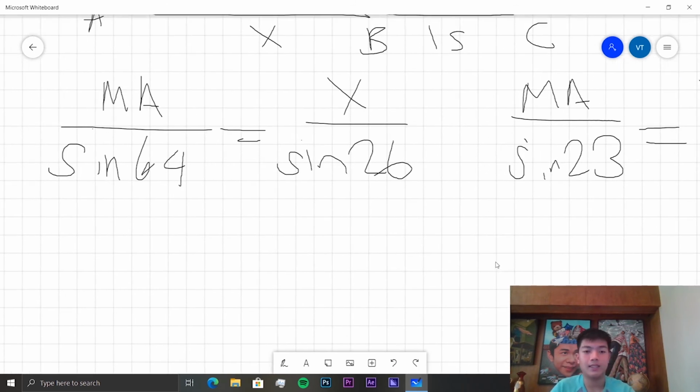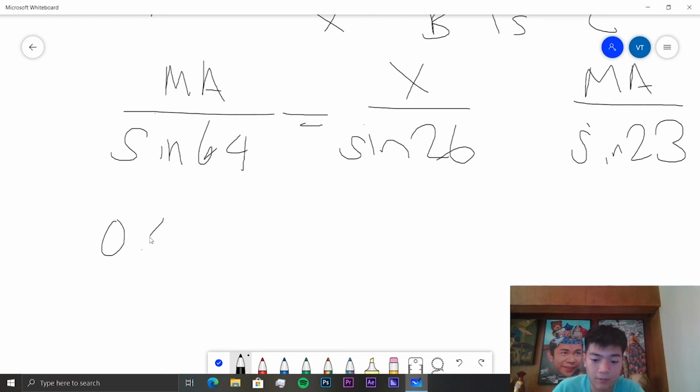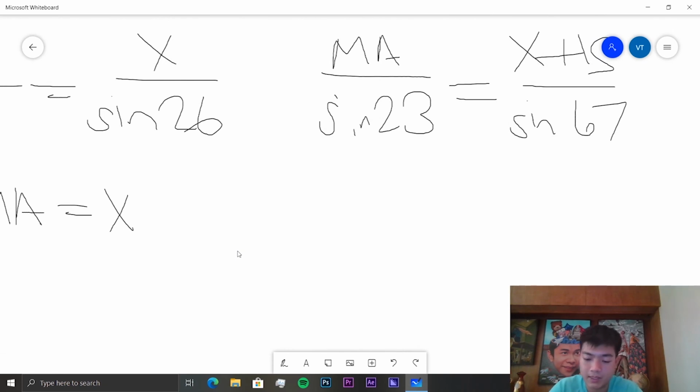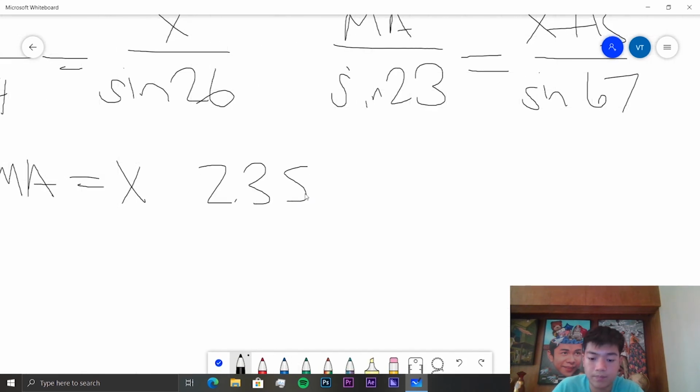So let's look at this. Let's rearrange this to get both in terms of MA. So we have sine 26 over sine 64 is equal to 0.488, so 0.488 MA is equal to x. And here we have sine 67 divided by sine 23 is equal to 2.36, so 2.36 MA is equal to x plus 15.